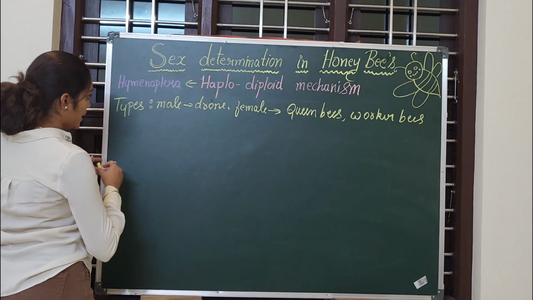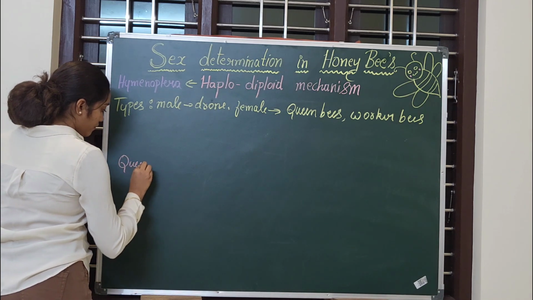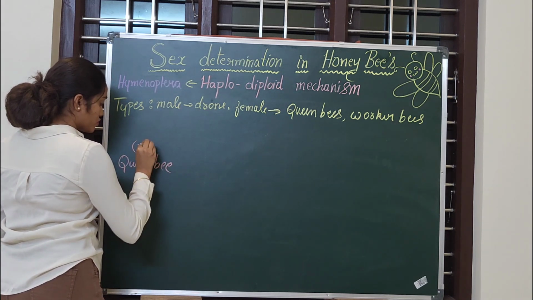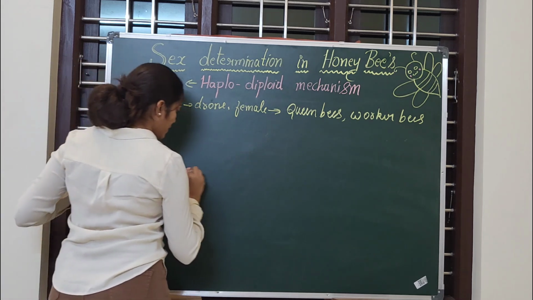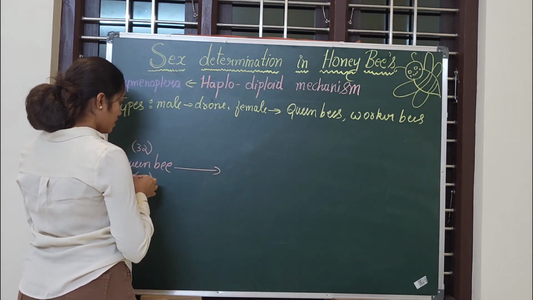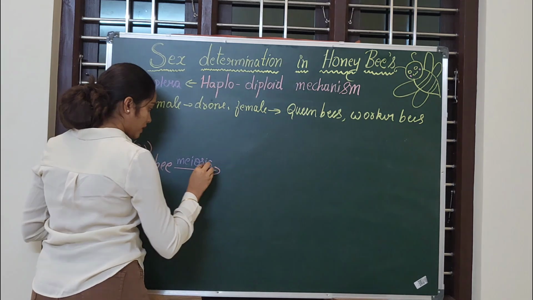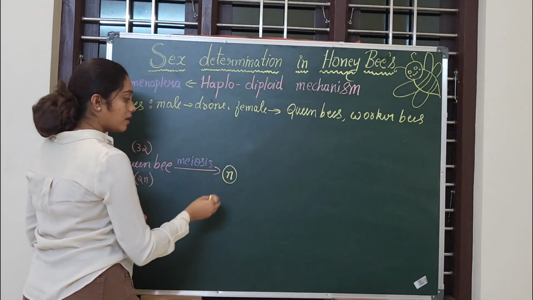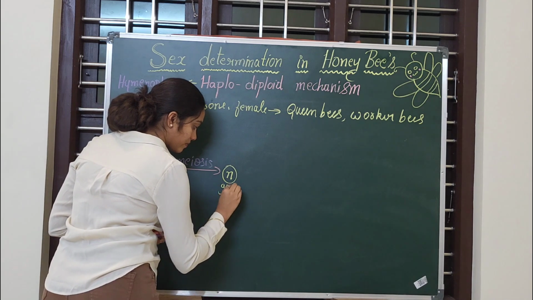Now let me explain how we differentiate it. We have a queen bee which has 32 chromosomes in it, that is a diploid number. This queen bee undergoes meiosis and it produces haploid gametes.